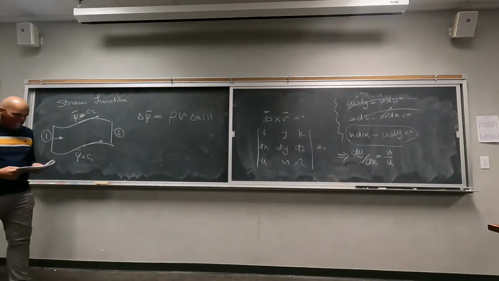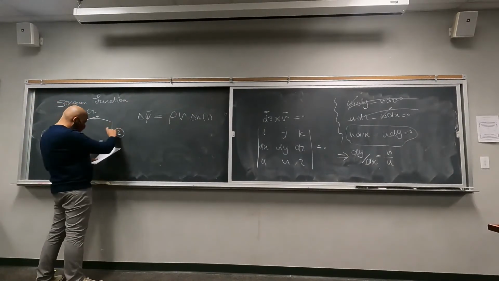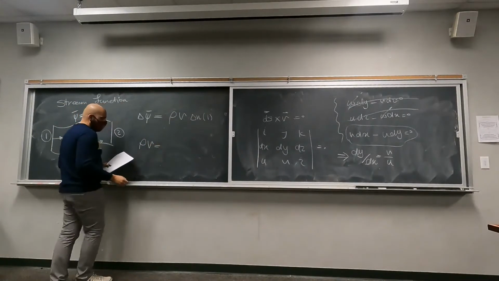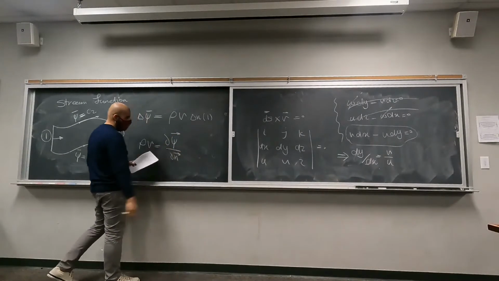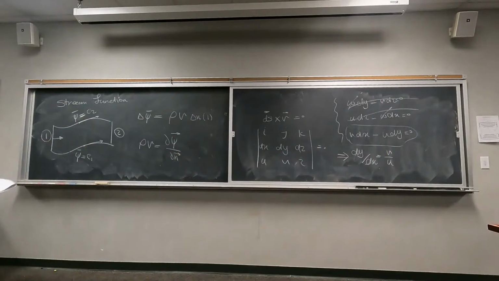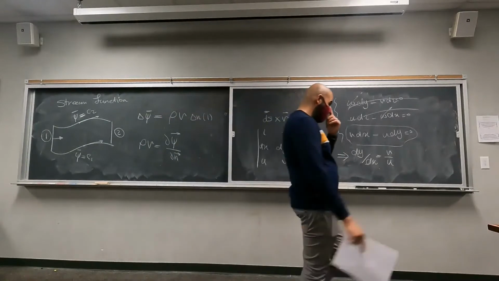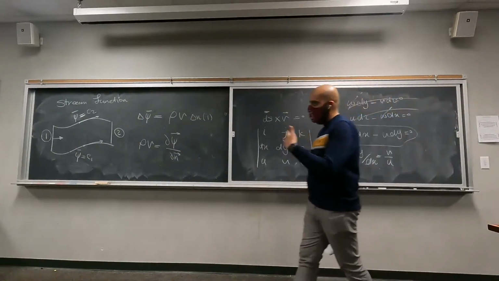Okay. If you take this to the limit, which essentially means that if you make these two closer, what you're going to get is partial psi, partial n is going to be equal to rho V. Okay. And this psi is a directional thing.